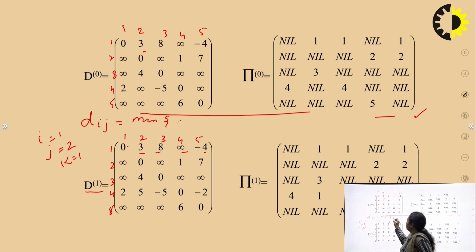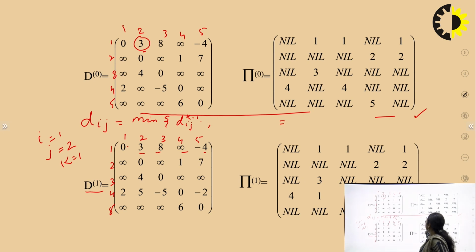Minimum of D_ij^(k-1). k minus 1 will be 0. So D0, D_ij, this is D0, and ij is 1, 2, that is 3. So what is the value here?